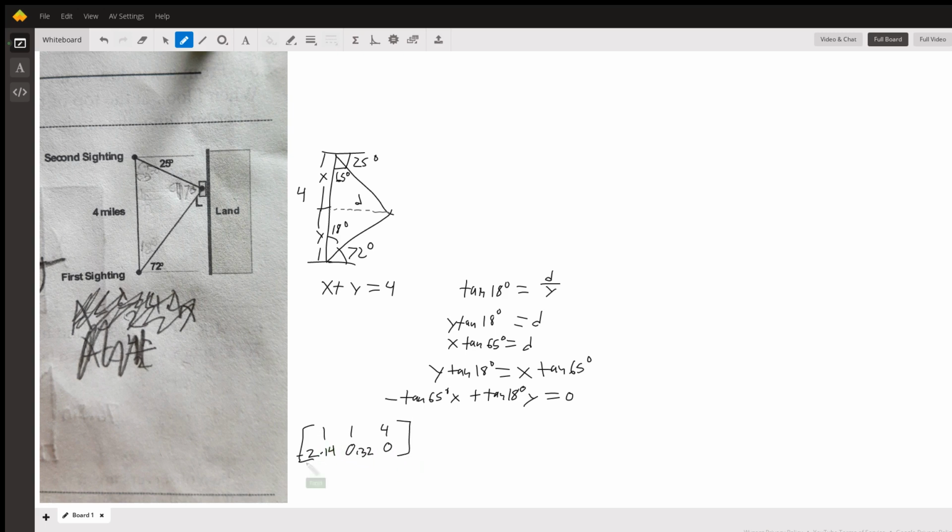And now if I enter this into my calculator and row reduce, let's see what we get. Give me just a moment to enter it all in.